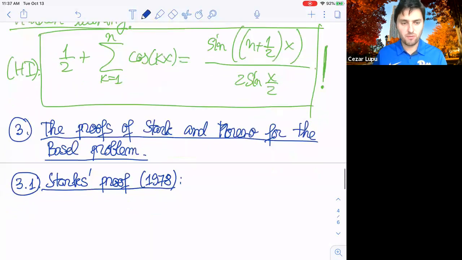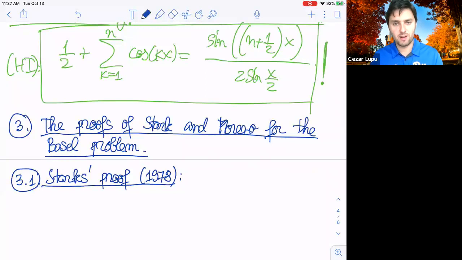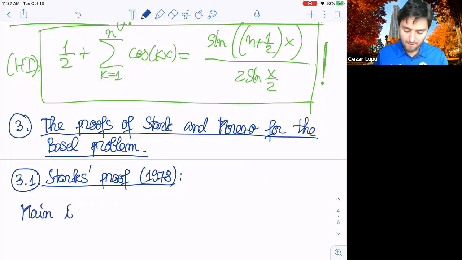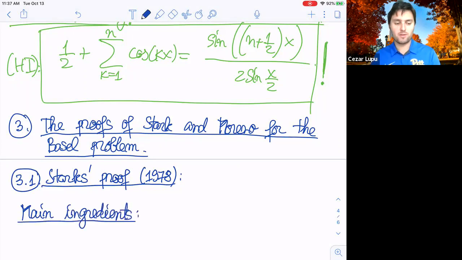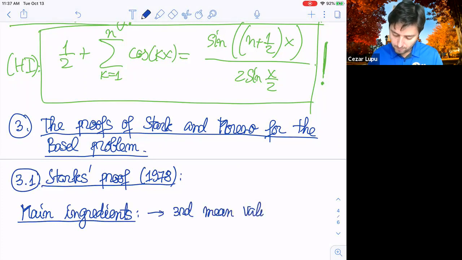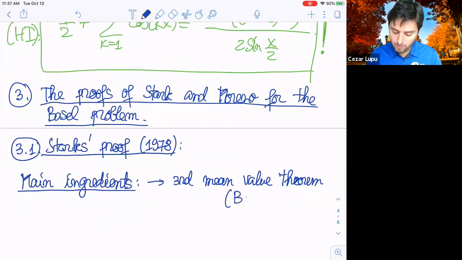Before I dive into the actual proof, let me tell you about the main ingredients, so that you can have an idea of what he used. The main ingredient of the proof is the third mean value theorem, like I said, the Bonnet-Weierstrass theorem.